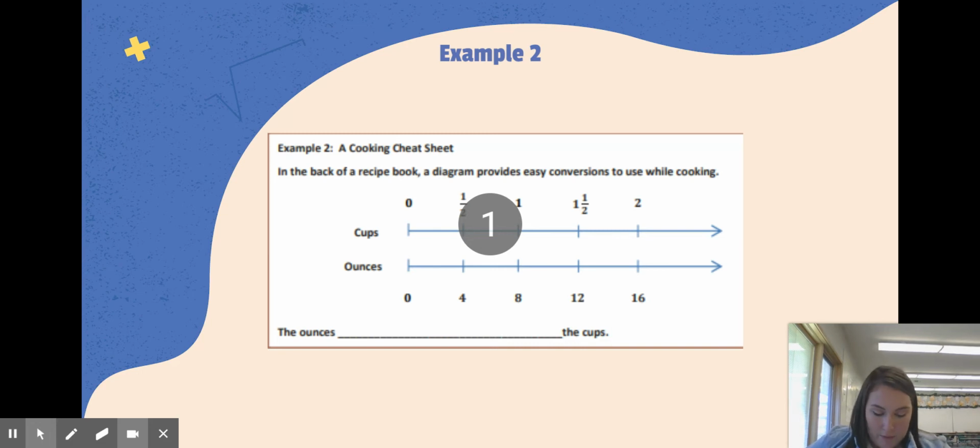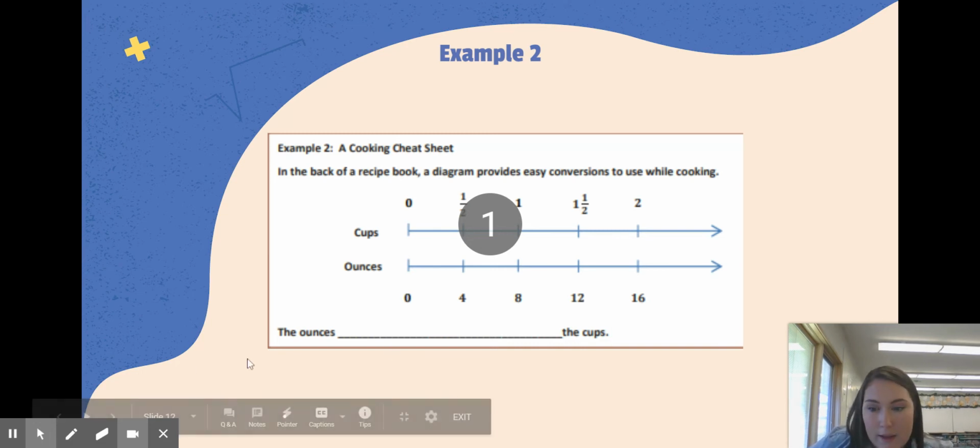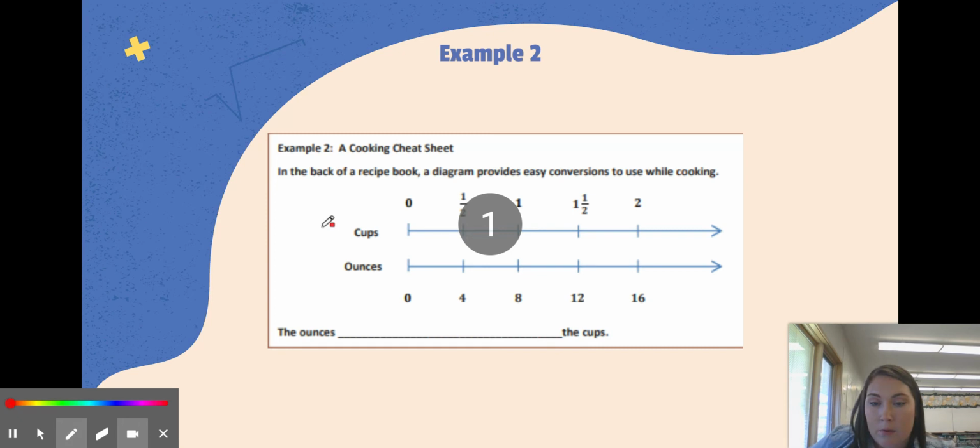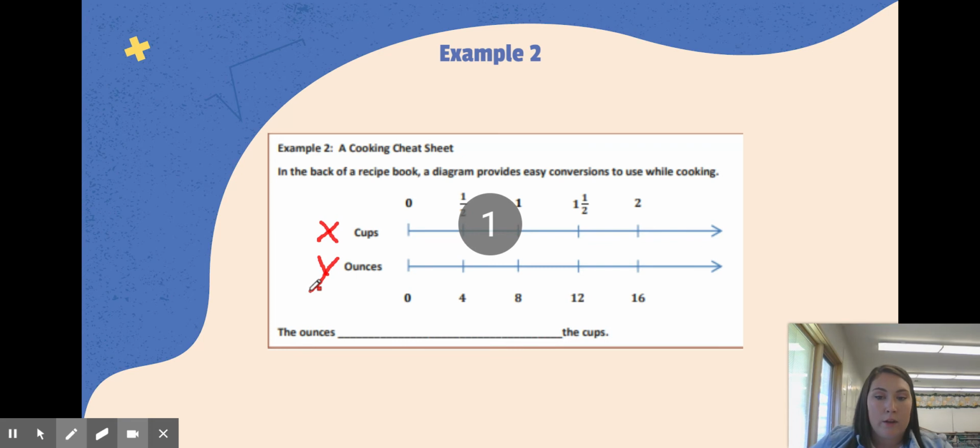Another way to think about that is, let's say we're going to go ahead and we'll label our cups X and our ounces Y. Really, you can choose any variables.